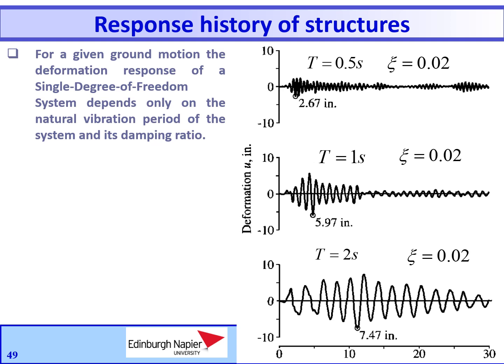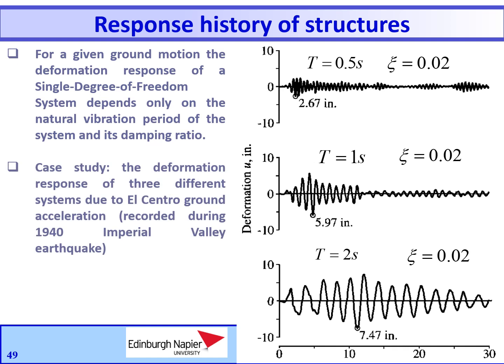For a given ground motion, the deformation response U as a function of t of a single degree of freedom system depends only on the natural vibration period of the system and its damping ratio. In this figure here, you can see the deformation response of three different systems due to the El Centro ground acceleration.